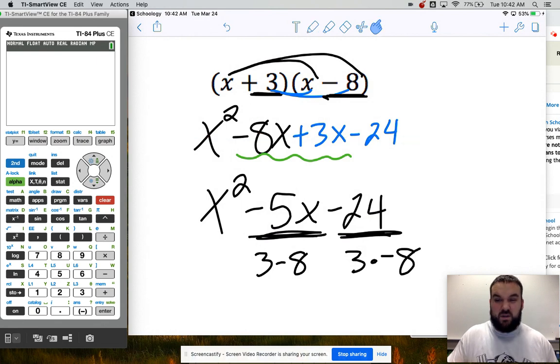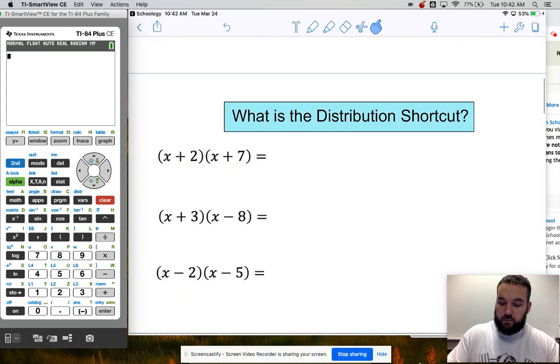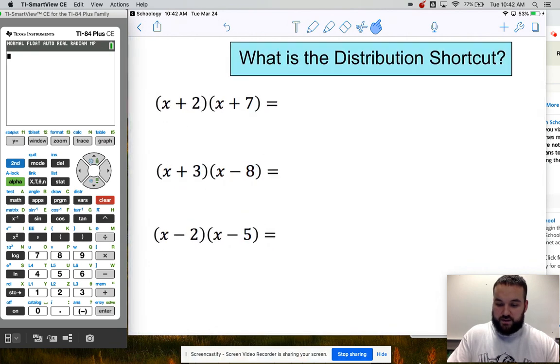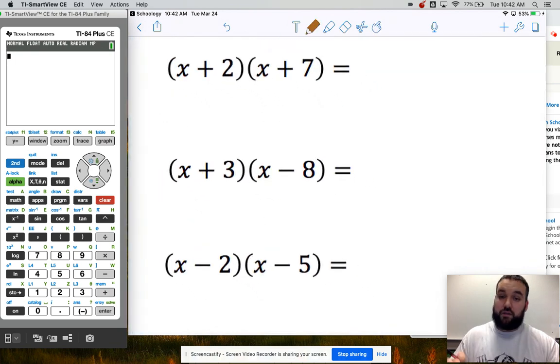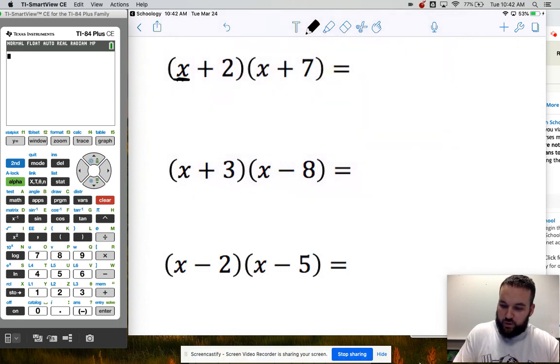Now, if you don't feel comfortable with it, you can absolutely just do the distribution or the box method, and I still encourage you to do it. But I do want to show you that there is a shortcut that can work. The shortcut only works as long as the x's in front don't have a coefficient or a number in front of them. If we think about this, x times x would give me x squared.